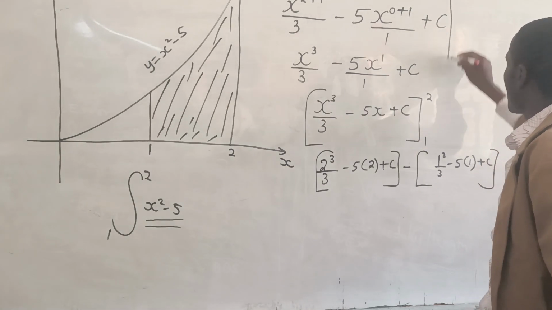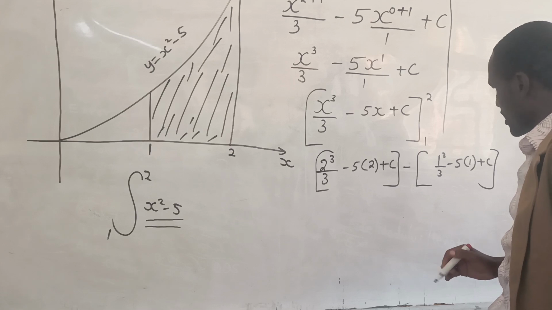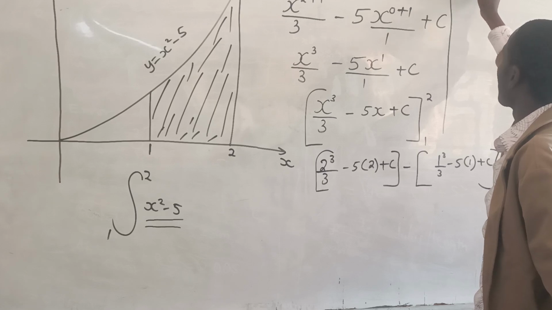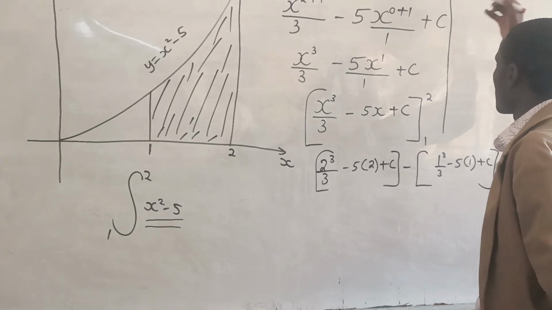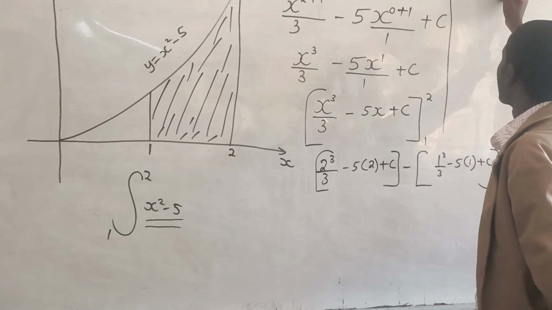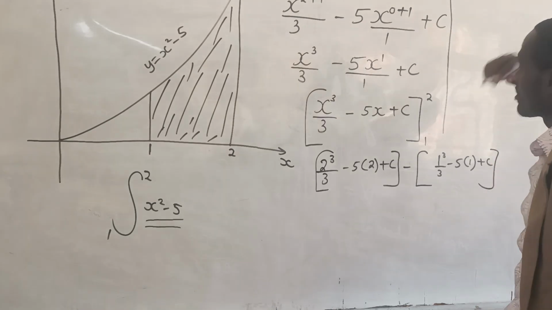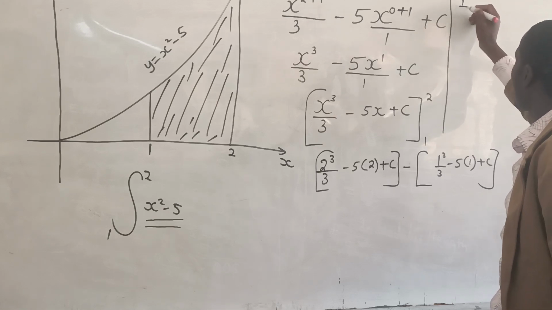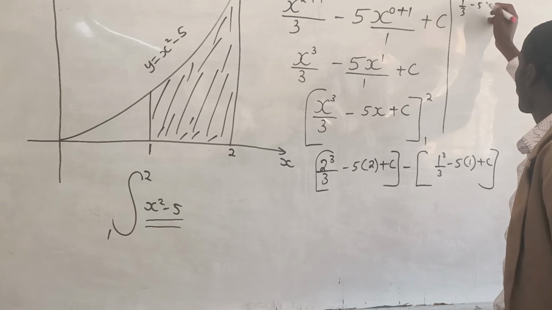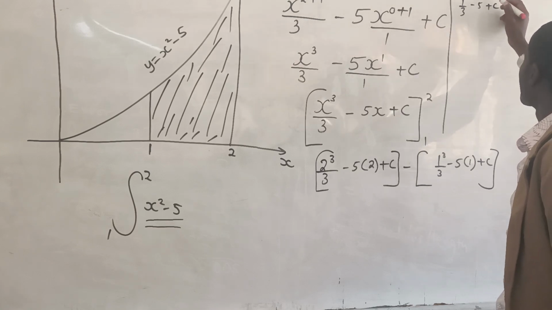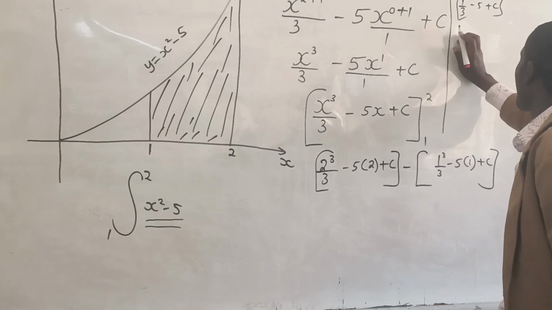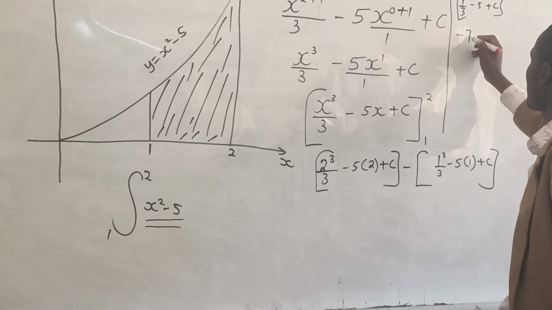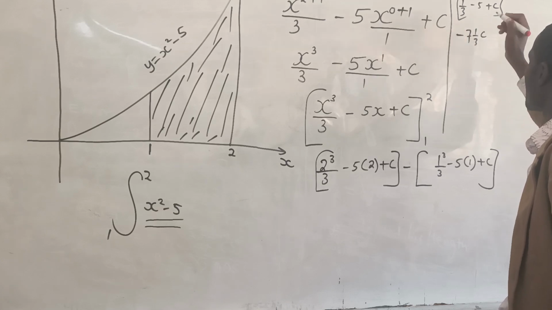So then what answer does this end up giving us? That is going to be 8 over 3 minus 10, plus c, minus 1 over 3 minus 5 plus the constant c. Of course, 8 over 3 minus 10 is the same as negative 7 and 1 over 3 plus the constant c.